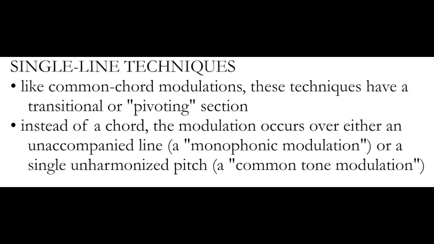But these techniques don't use a chord. They don't use a common chord or a pivot chord, otherwise they'd just be common chord modulations. They occur over either an unaccompanied line, which we'll call a monophonic modulation, or a single unharmonized pitch, which we call a common tone modulation. By using a single pitch or an unaccompanied line, we lose a sense of harmony in the music.